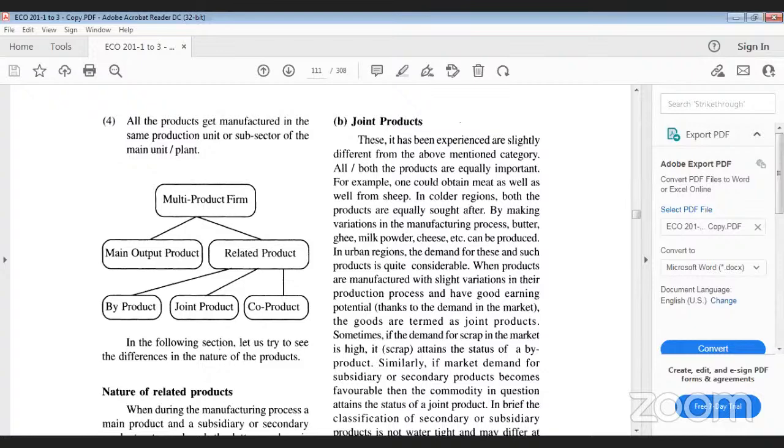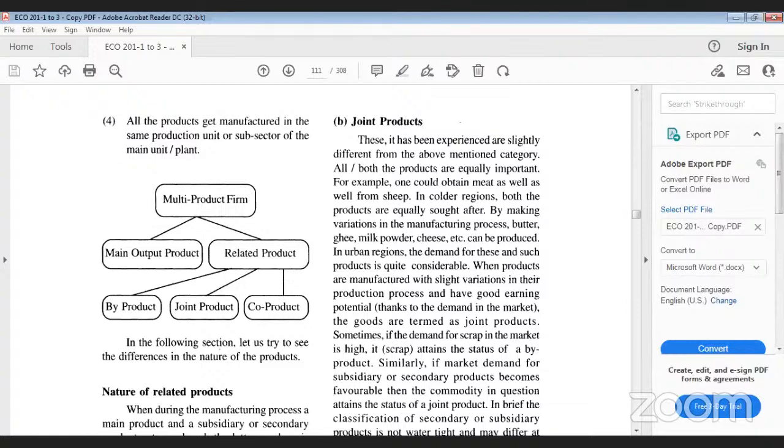Let us try to see the differences in the nature of the products, the nature of related products. When, during the manufacturing process, a main product and a subsidiary or secondary product are obtained, the joint product has been experienced as slightly different from the above-mentioned categories.